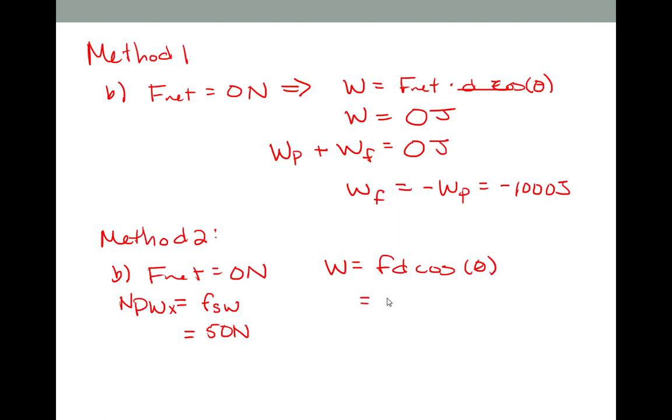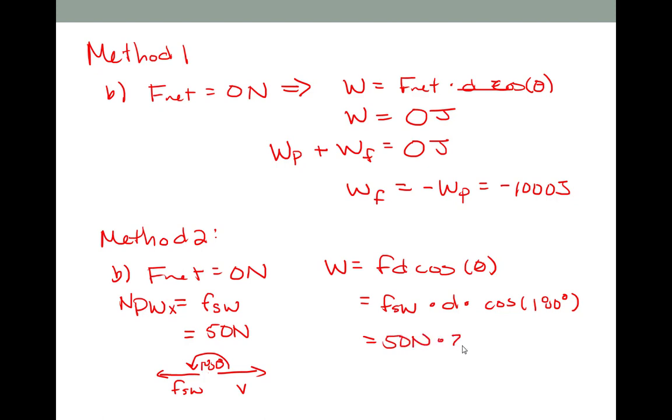My force here is the friction, and my distance is 20 meters. My angle is going to be 180 degrees because the friction points this way, but the velocity points that way, therefore 180 degrees. So 50 newtons times 20 meters times cosine of 180, which is -1. Therefore, this is -1000 joules.